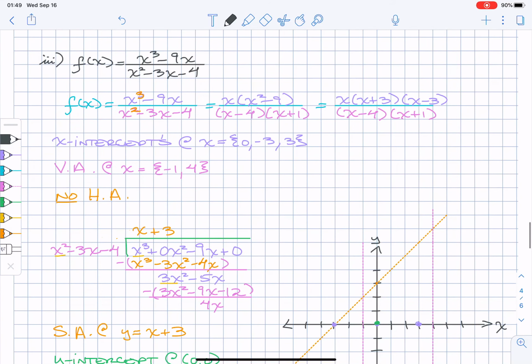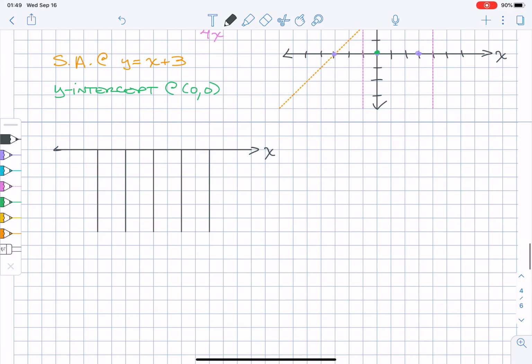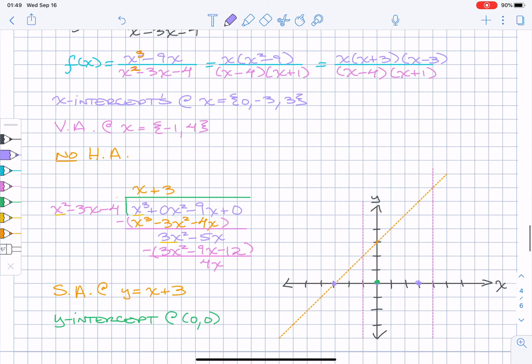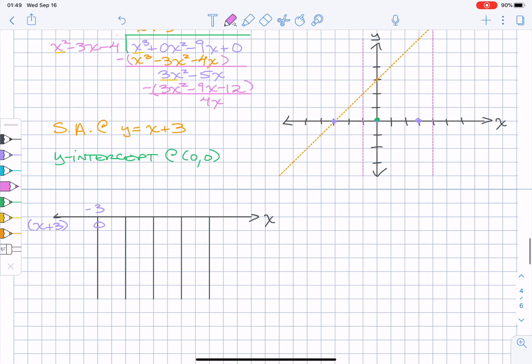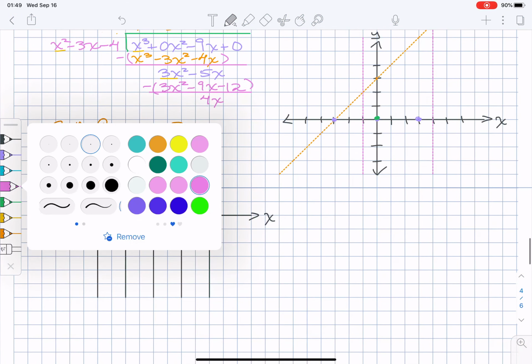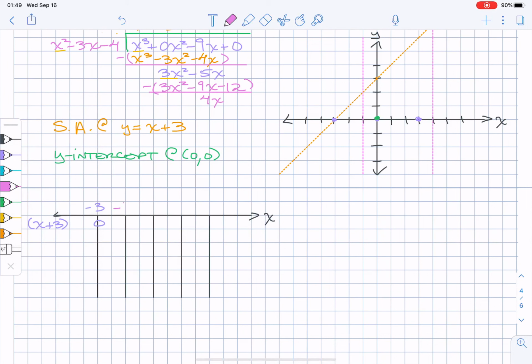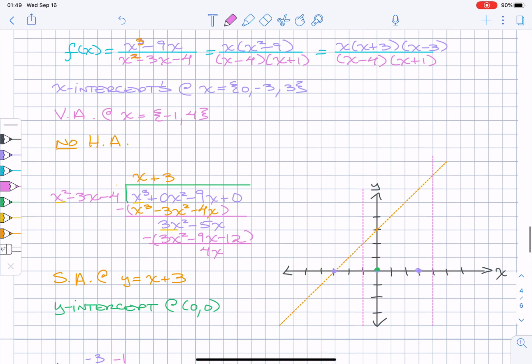So -3, -1, 0. Okay, so -3, that's x plus 3 as a root there. Then -1 in pink. So x plus 1 as a root here.